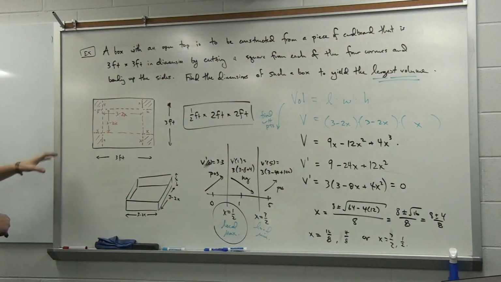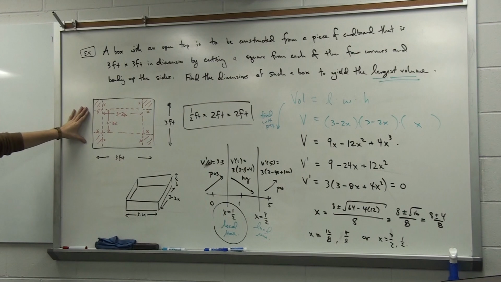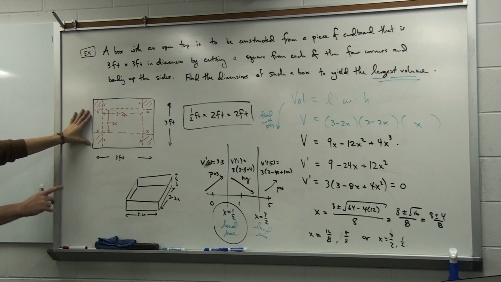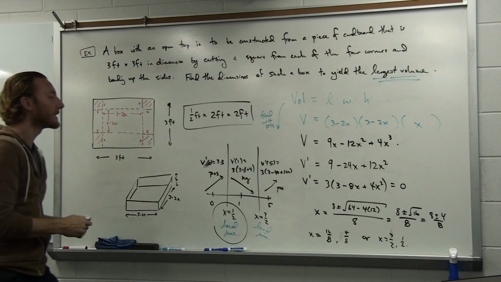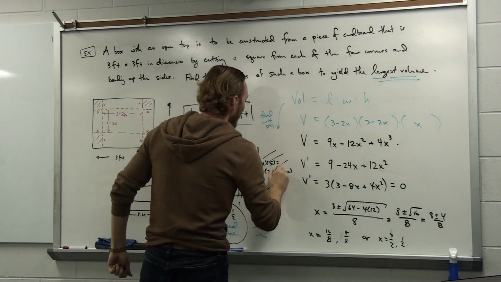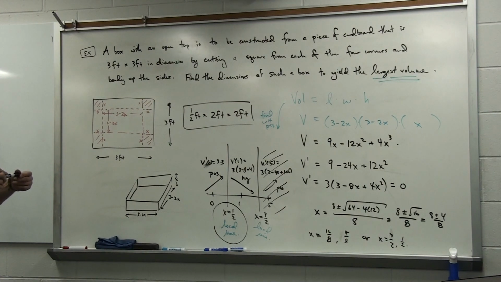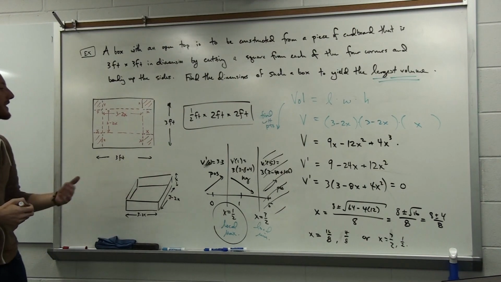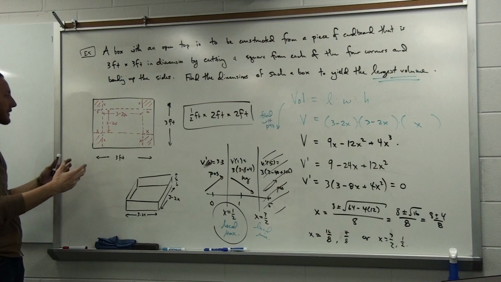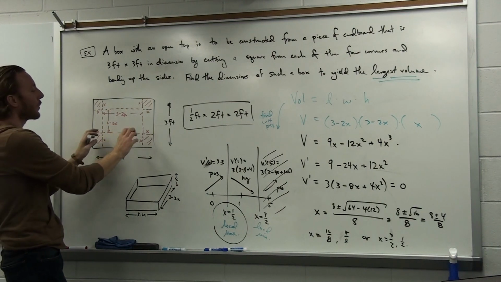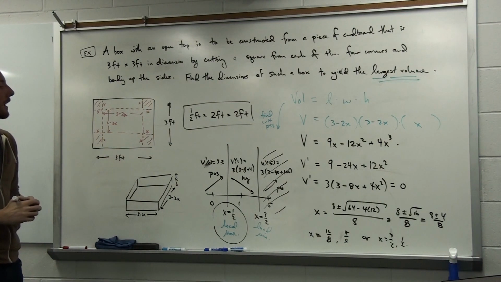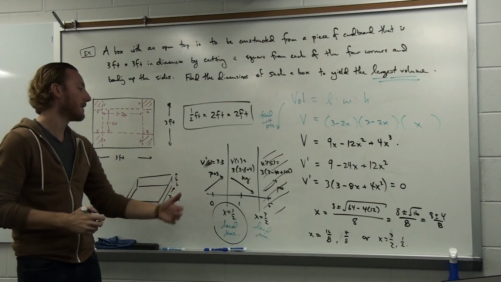But note, with respect to the original problem, we couldn't just pick x to be as big as we possibly wanted. In fact, the largest that x could possibly be is 1.5 feet in each measure. So this region that lies to the right of 3 halves is able to be discarded because it's not physically possible to cut squares from each corner of your piece of cardboard of any dimension bigger than 3 halves.